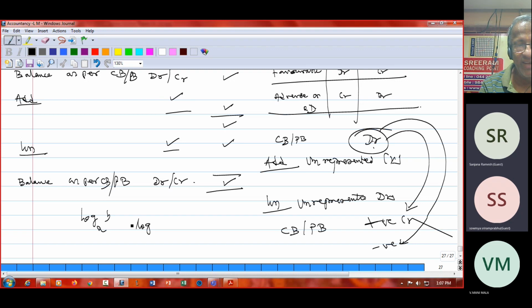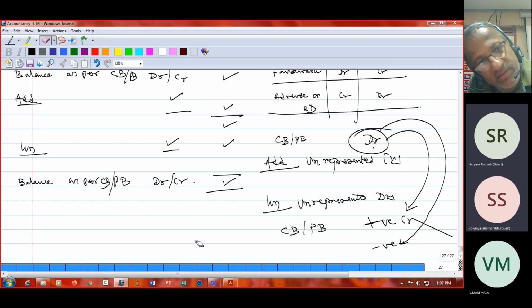Likewise, you don't think much. If you start with debit balance, what should you add? Whether it is in the cash book or passbook, I'm not really worried. What will I be deducting? Matter over.